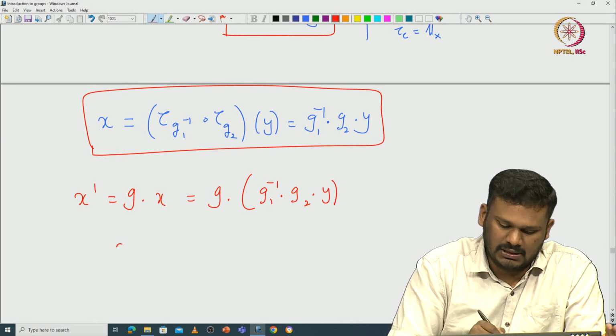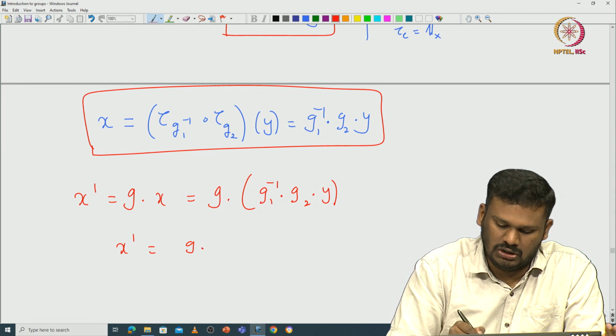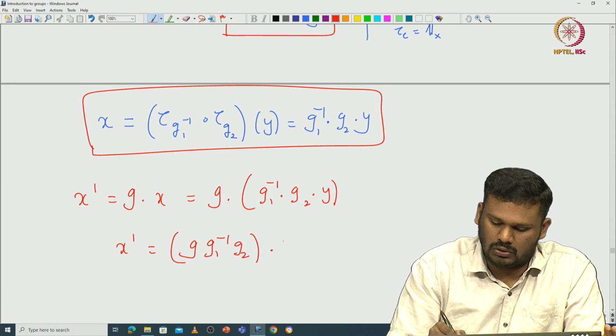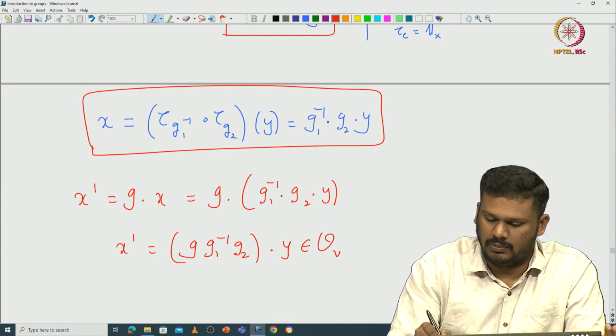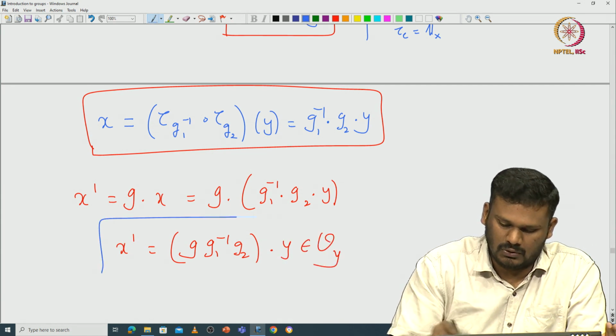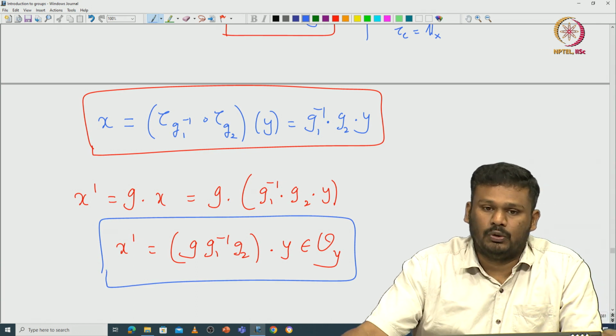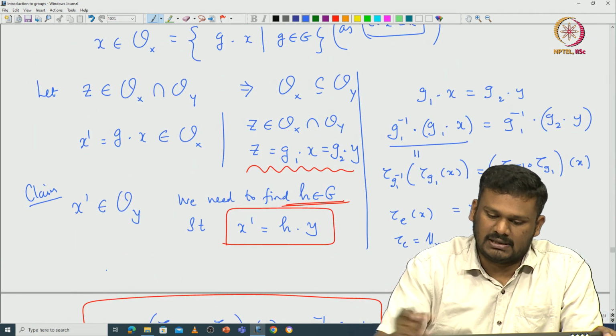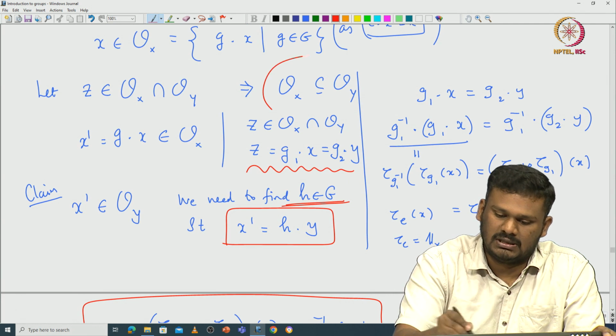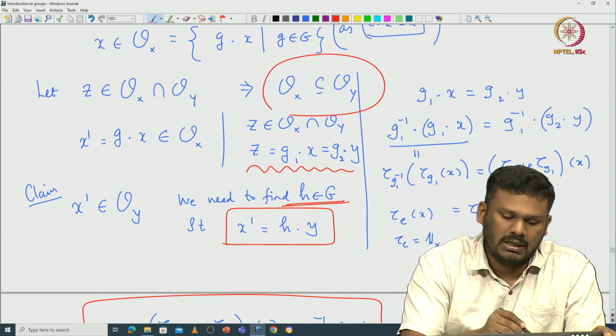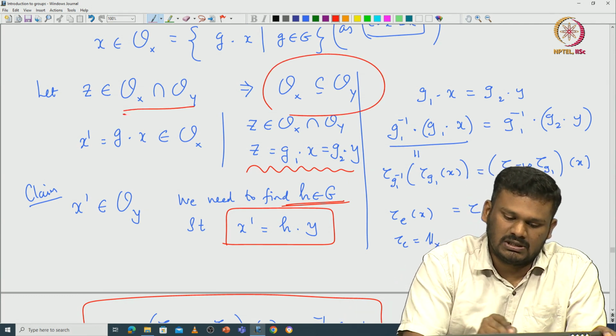So x dash is nothing but g g1 inverse g2 dot y, which is in the orbit of y. That proves that the orbit of x is always contained in the orbit of y if the intersection is non-empty.